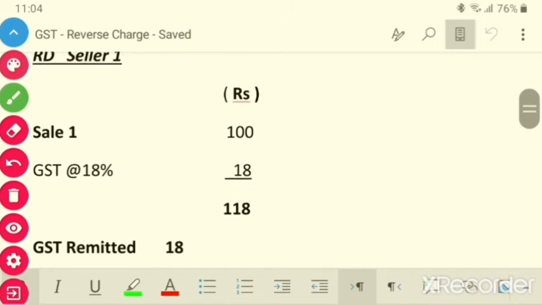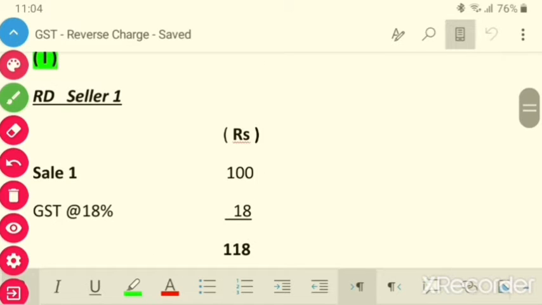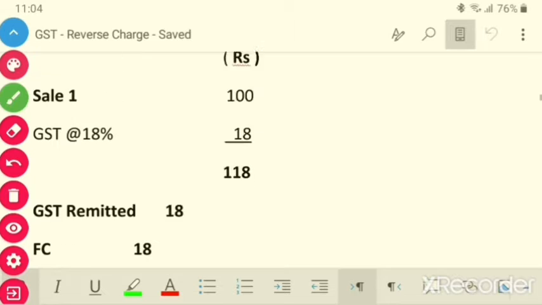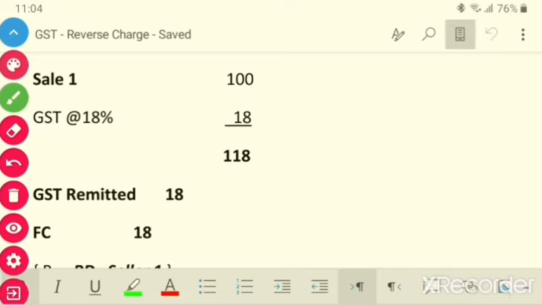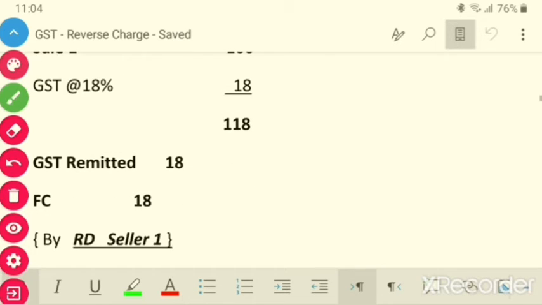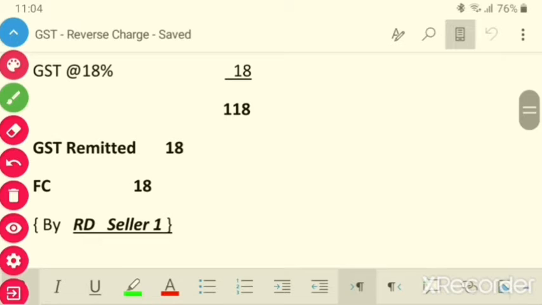Now RD seller 1, what will he do? He will remit 18 rupees to the government. So is it forward charge or reverse charge? By default it is forward charge, because unless specified in specific circumstances and provisions, RC will not come.